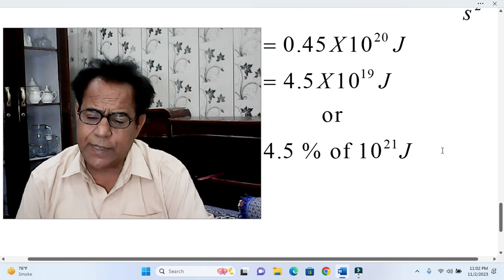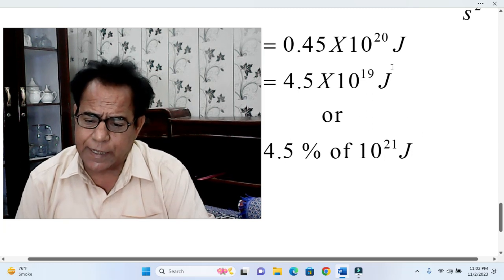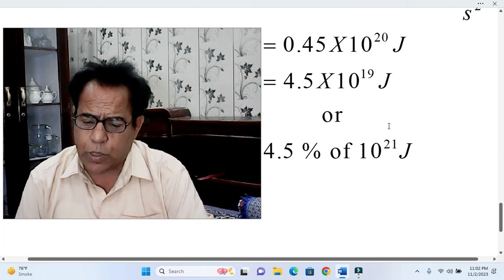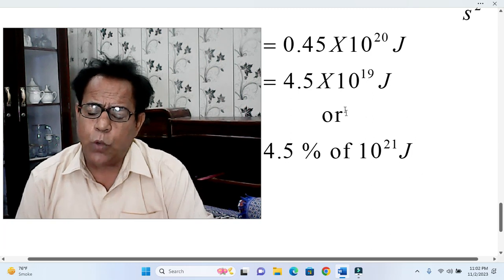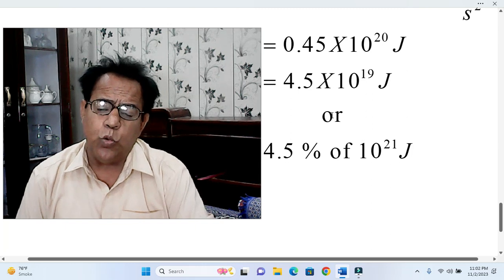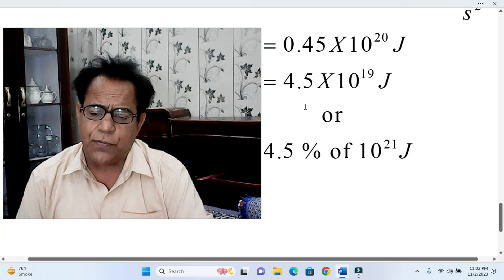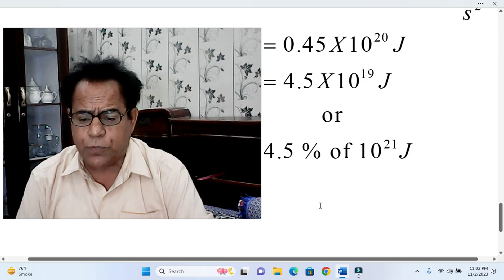Because this quantity is 100 times greater than our result, we will conclude our result in words that it is 4.5% of the given quantity.